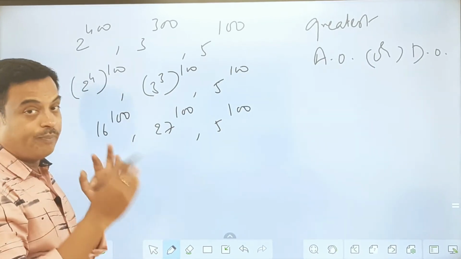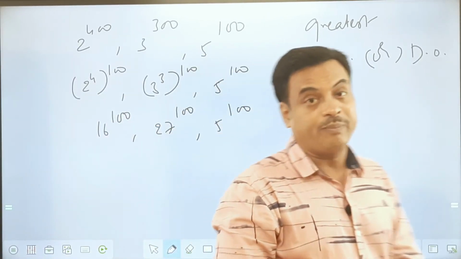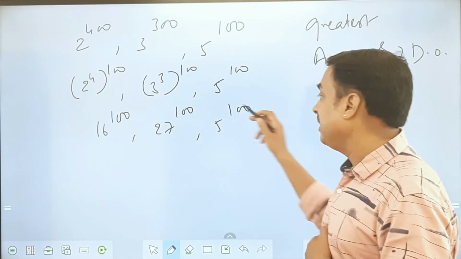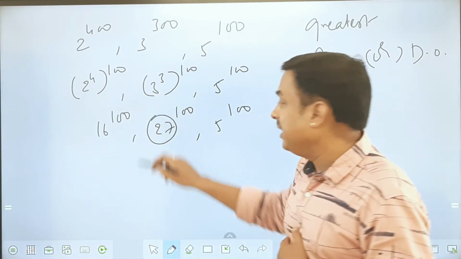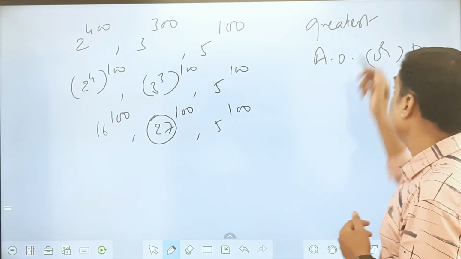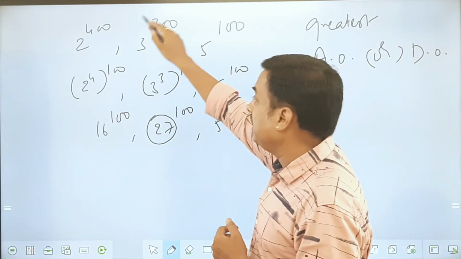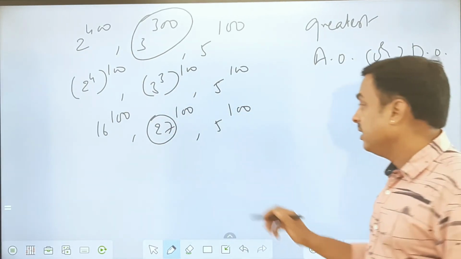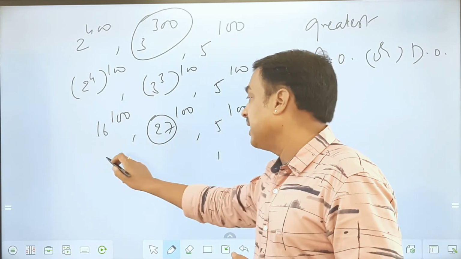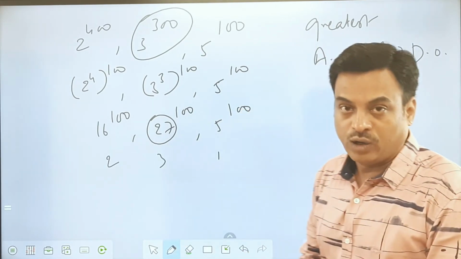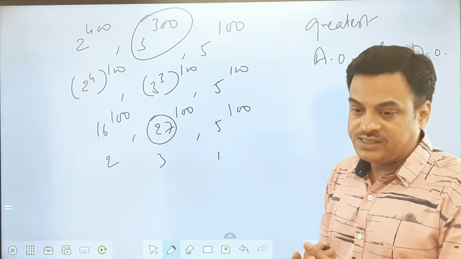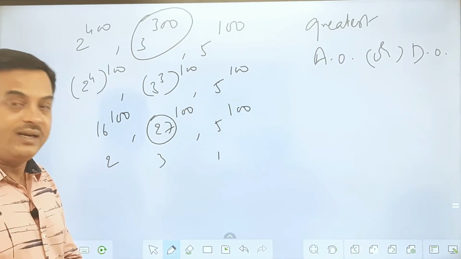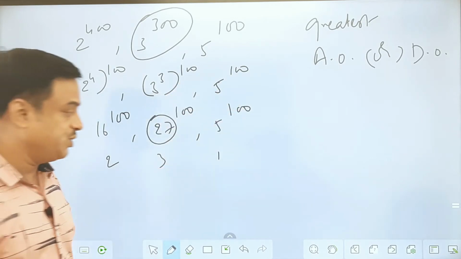Now you see, all the powers are the same. As per the rules, if the powers are the same, I can compare the bases. So since all 3 powers are 100, I can definitely say 27 is the highest among them. So this value is the greatest. If you are arranging them in ascending order, this will come first, this will come second, and this will come third. Once we arrange them, we can identify the greatest and smallest also. This is one question of comparisons.